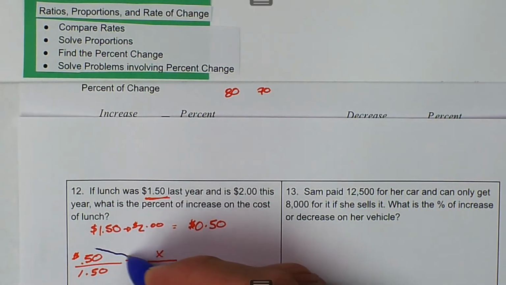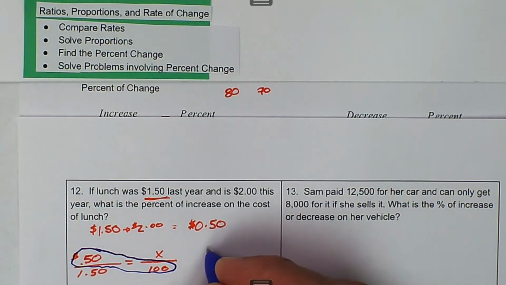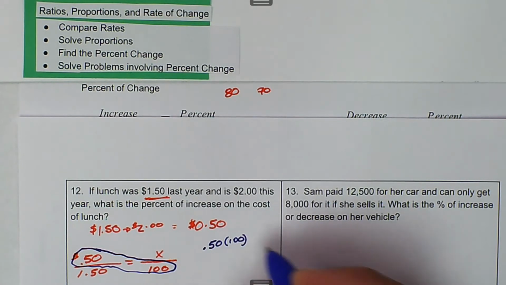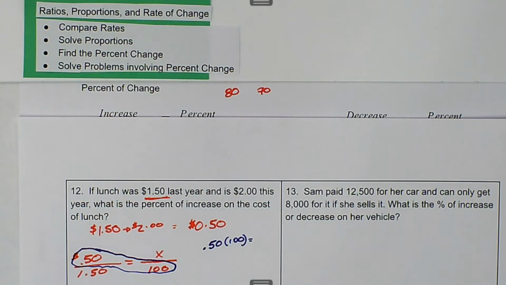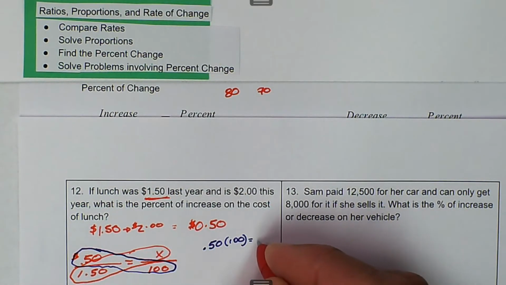We can take our extremes, which is 0.50 times 100, and set that equal to our means, which is 1.5x.